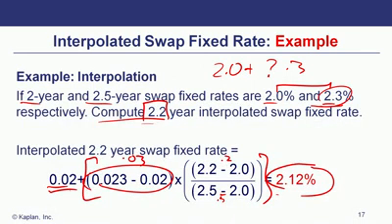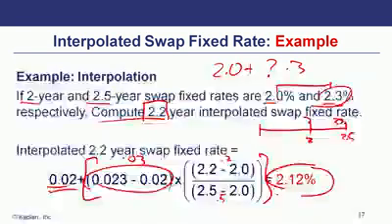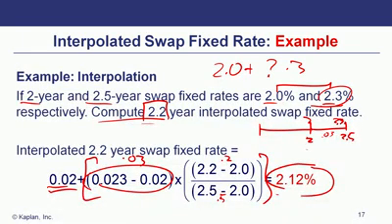And again, we're saying, look, we have something that goes from 2 to 2.5, so we know that's 2% and 2.3%. Well, this is a 0.03 change here, right? But we want to go from 2 to 2.2. We don't want to go all this way over here, right?